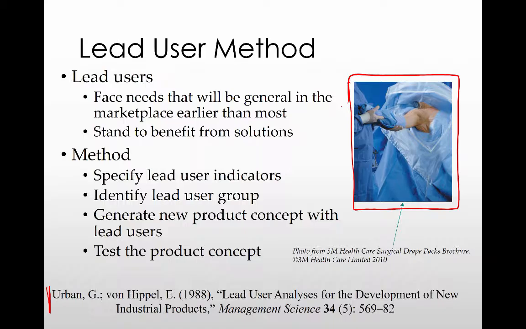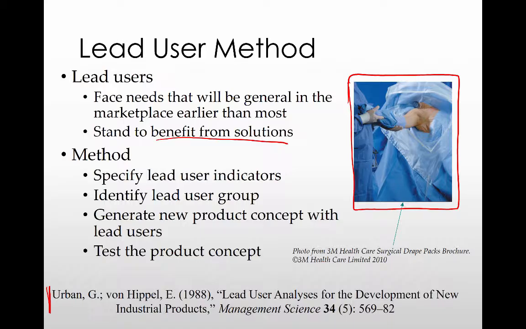A lead user is someone who faces needs that will be in the general marketplace, but they see them earlier, and they're typical enough of the general marketplace that they can benefit from the solutions, but they're different. So let me give you an example. In surgical draping, 3M found it useful to talk to large animal veterinarians.